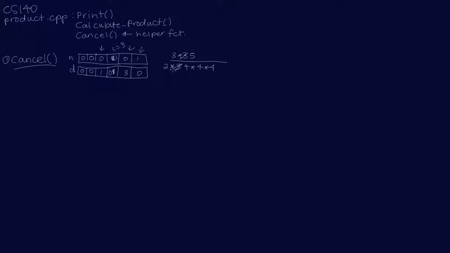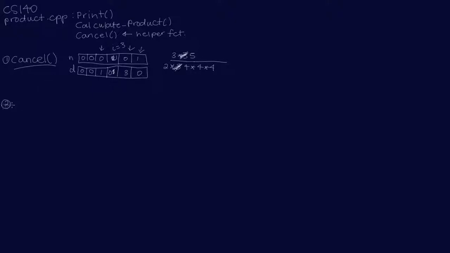So mathematically, if I'm writing this out and canceling by hand, this is how I would cancel. And what you will do is iterate through your numerator and denominator and just use simple subtraction. See if the index has a non-zero number in both the numerator and denominator, figure out which number is bigger, and then do subtraction.